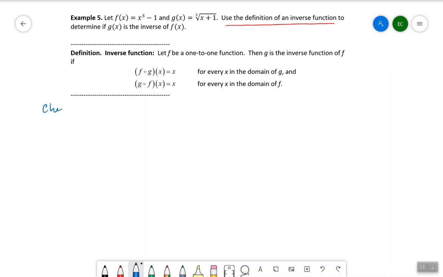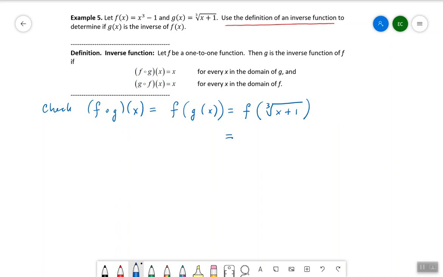So that's what we're going to do. We're going to check f circle g of x, and when we're done with that, then we'll check g circle f of x. So f circle g is the same as f of g of x, which is the same as f of, now g is the cube root of x plus 1.